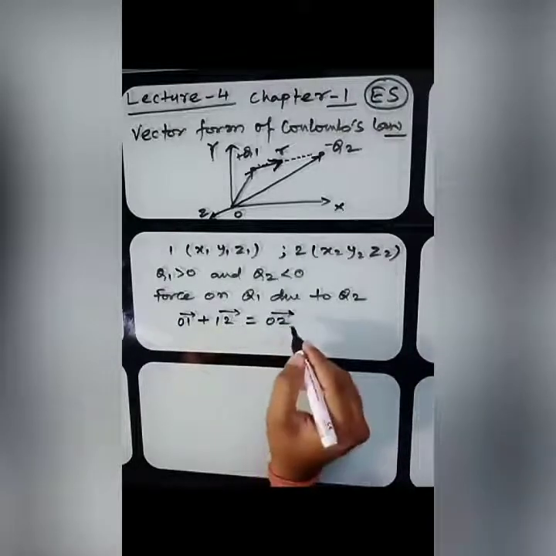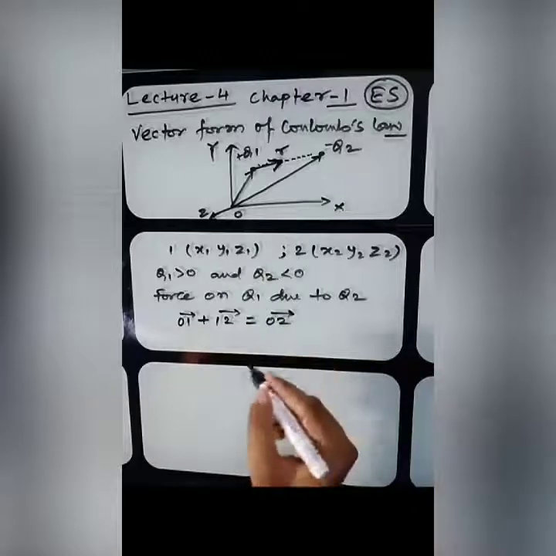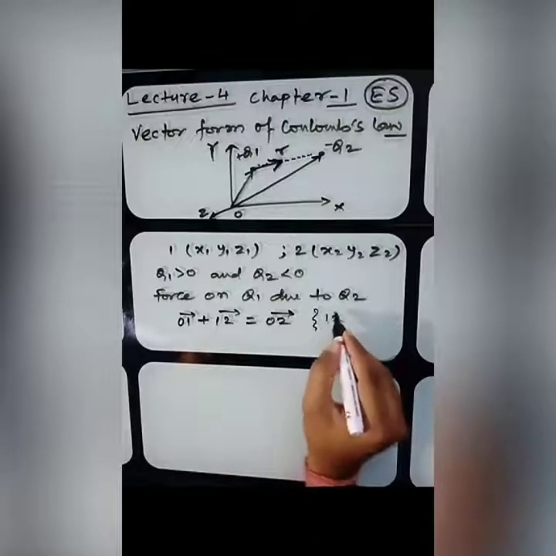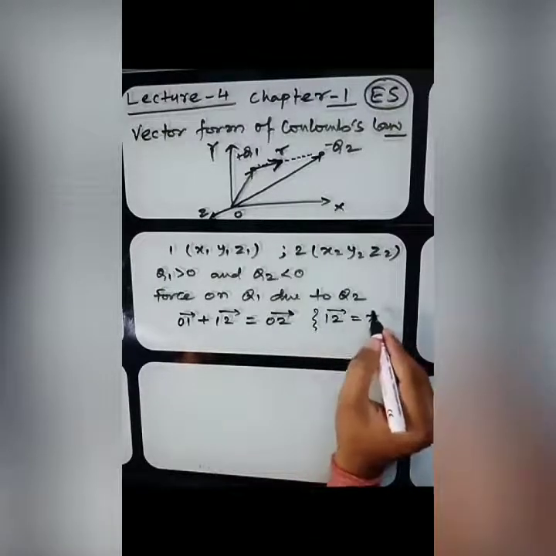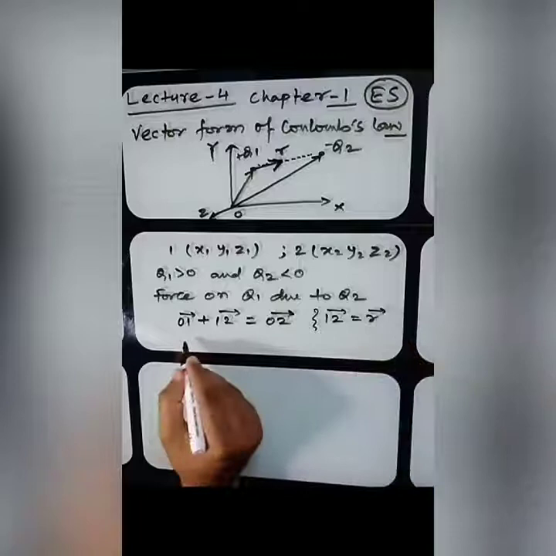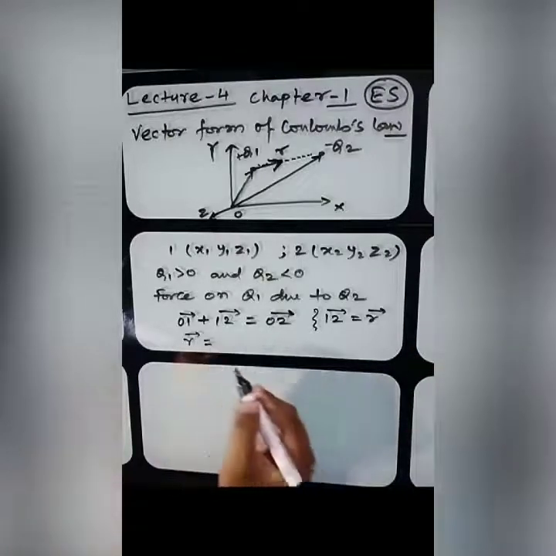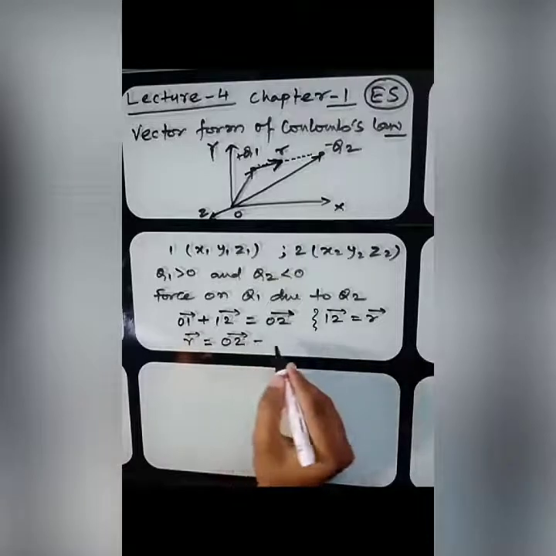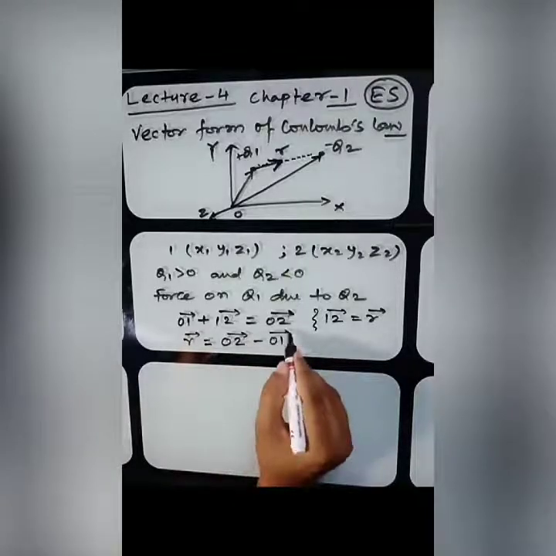I hope you can recall the vector form. We have to find this r, that is 1,2. Here 1,2 is nothing but vector r. So this r can be written as O2 minus O1.